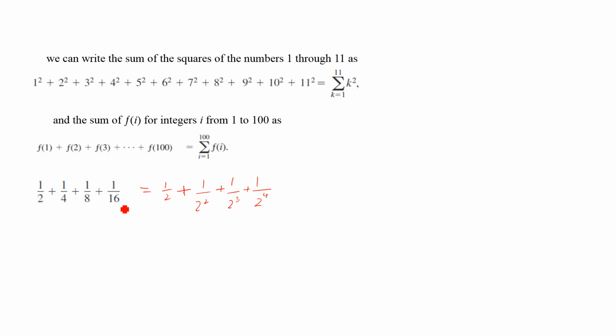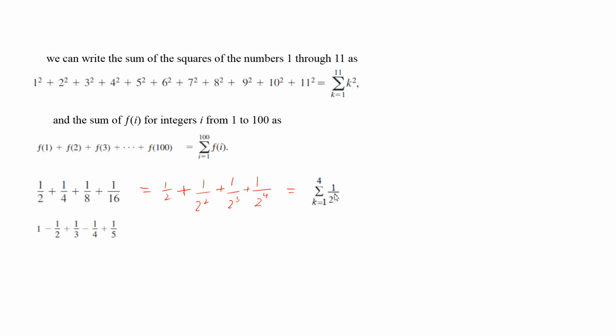So what is the kth term? The kth term will be 1 over 2 to the power k. So the sum of these 4 terms can be written in sigma notation as sigma k varies from 1 to 4, because we have 4 terms to add, and the kth term is 1 over 2 to the power k.